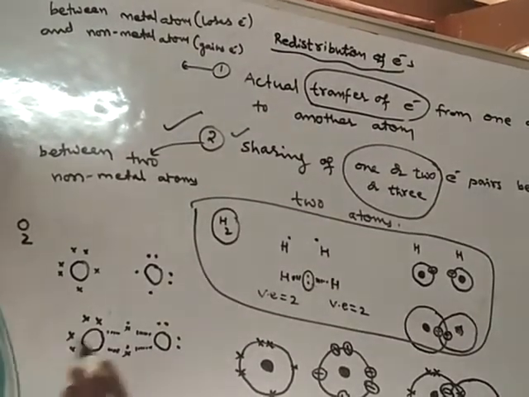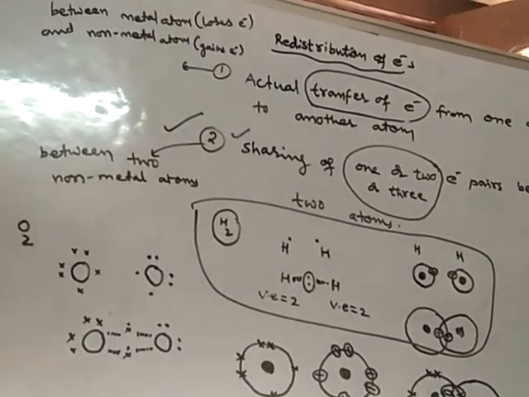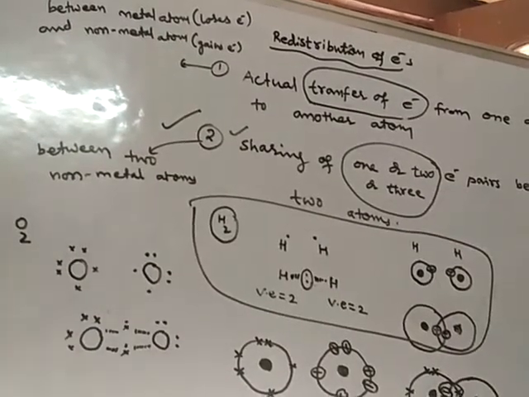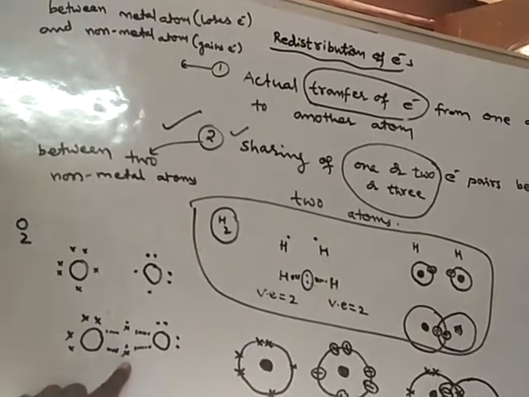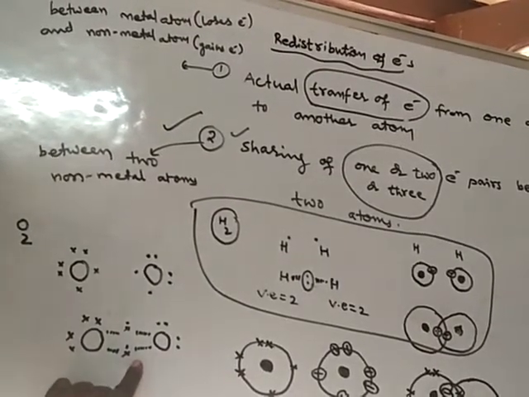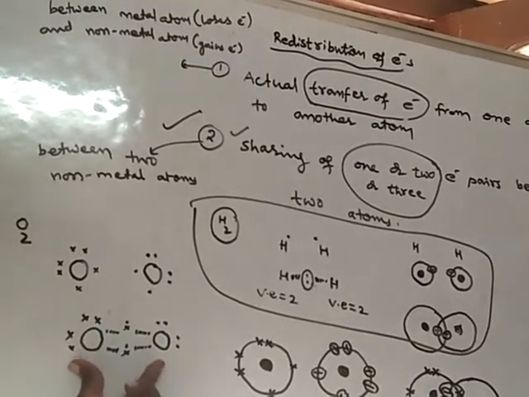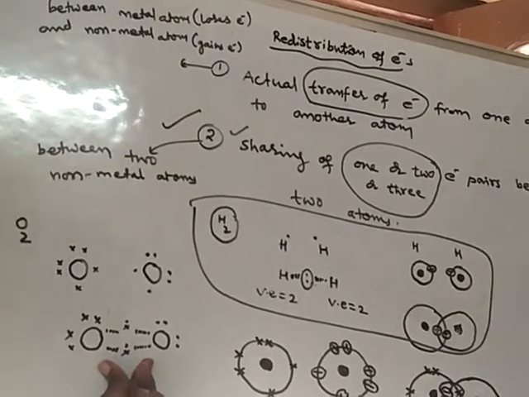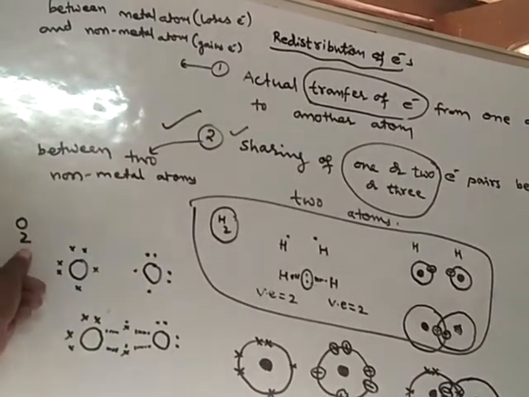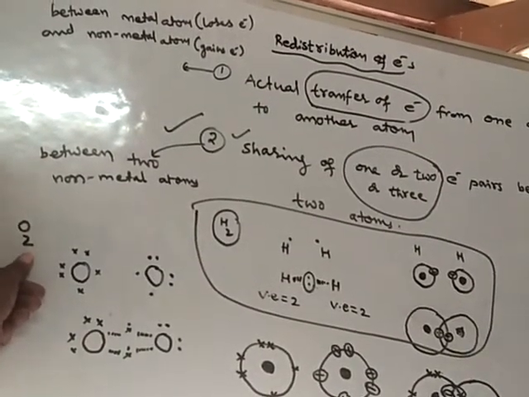Now these two oxygen atoms are bonded, they are joined, because these electron pairs pull this oxygen atom towards itself and even this oxygen atom also is pulled by this electron pair. As a result of this, two oxygen atoms will come closer and they become an O2 molecule. They are joined together to form an O2 molecule.